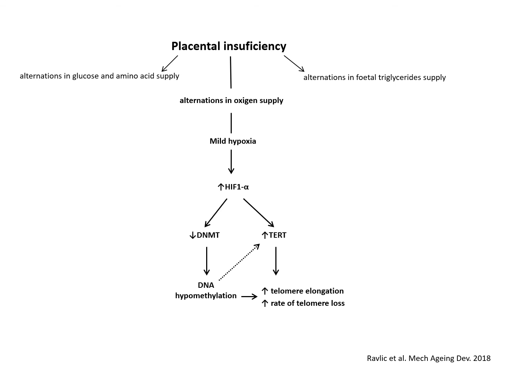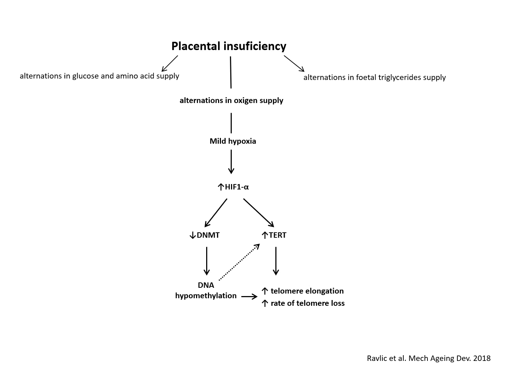In one way, it reduces activity of DNA methyltransferases, which then cause the general DNA hypomethylation, and this also refers to telomerase regulatory region, which enables hypoxia-inducible factor 1 to increase telomerase activity.